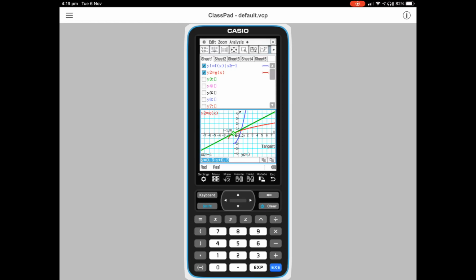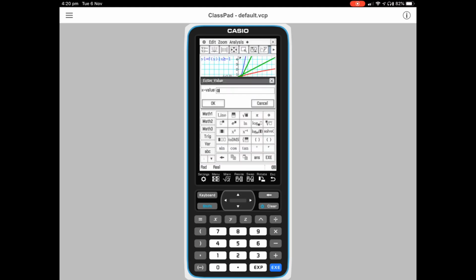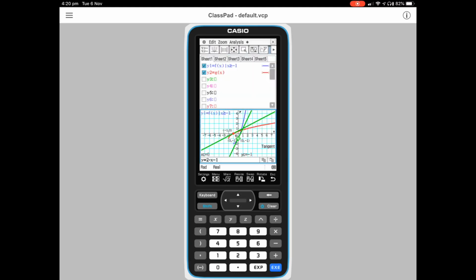My gradient is a half, right? So that's when x equals -1. So that means on the other graph, when x equals 0, because we switch our x and y values, on the blue graph, if I sketch a tangent and I put it when x equals 0, and then if I hit enter, our gradient is 2.